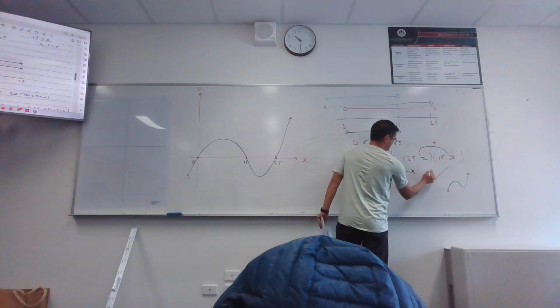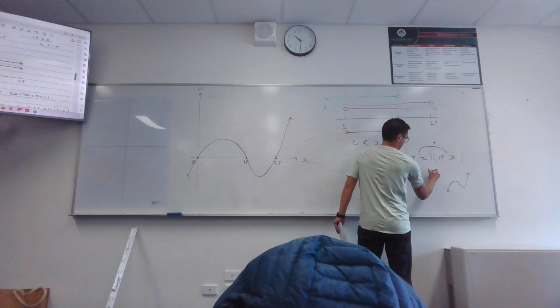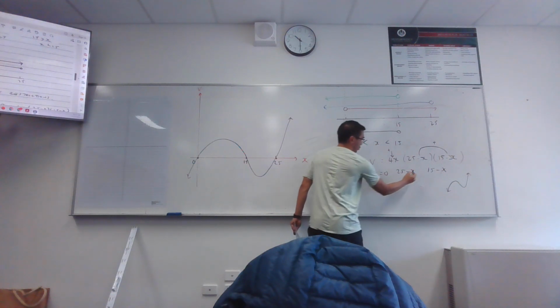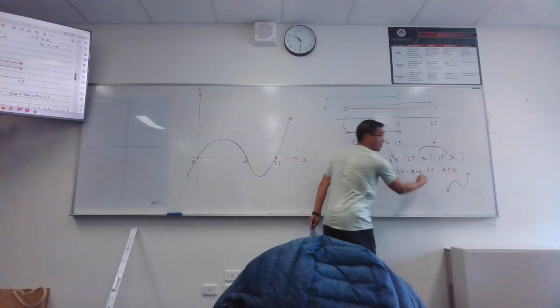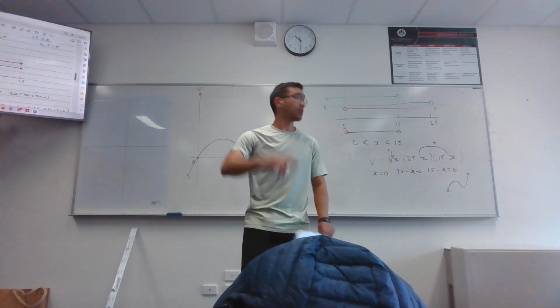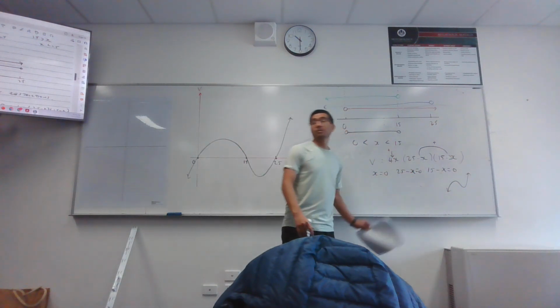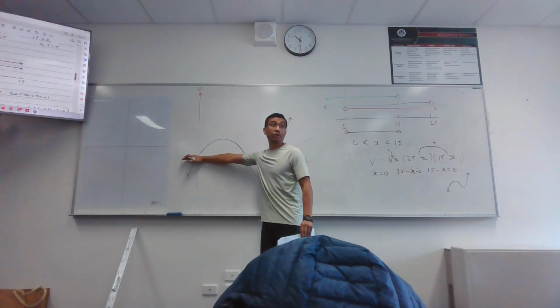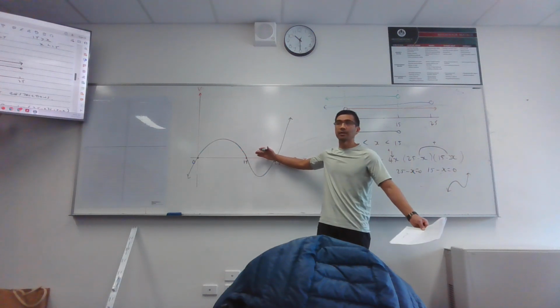Before I was doing it with the inequalities. But if they ask you to do full working out, make it equal to 0. Because we're interested when it's 0. Our factors.